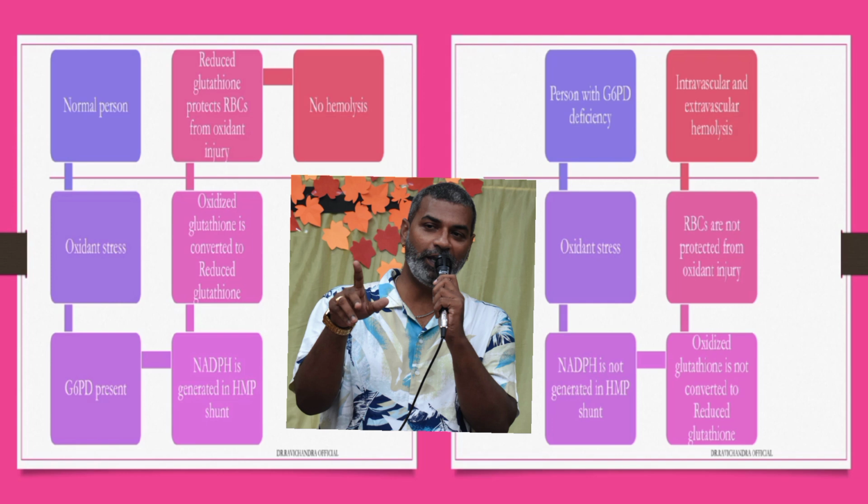It will result in hemolysis. If this hemolysis occurs in the blood vessel, it is intravascular hemolysis, and if it is happening outside the blood vessel, then it is extravascular hemolysis. So in G6PD deficiency, both intravascular and extravascular hemolysis will occur.